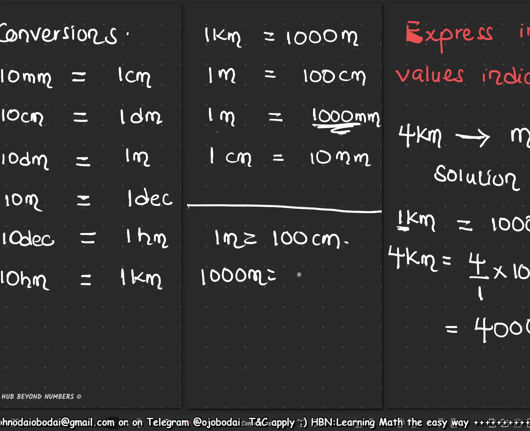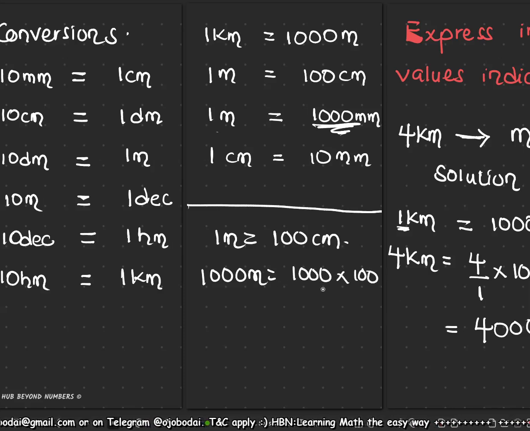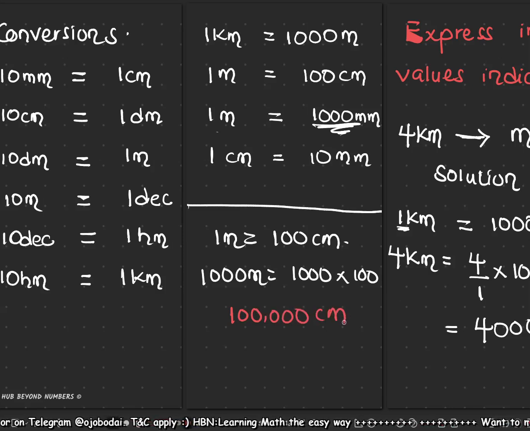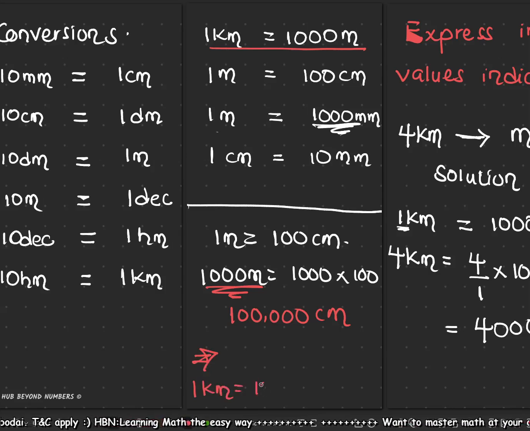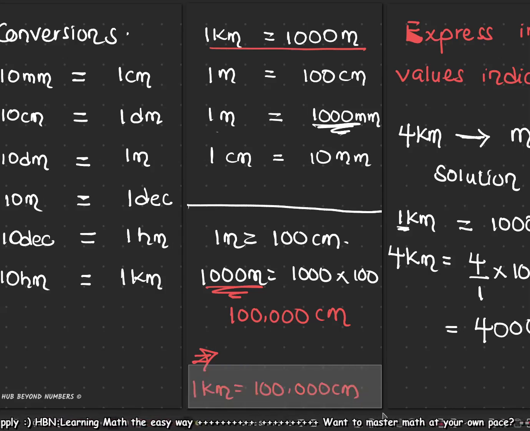So that is going to be 1,000 times 100 centimeters, which gives us 100,000 centimeters. And we know what this means. This actually means a kilometer here. So this implies that 1 kilometer gives us 100,000 centimeters.